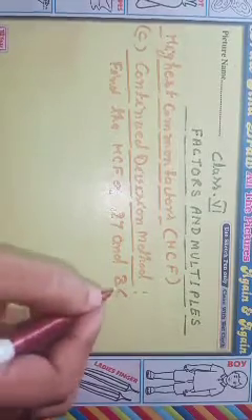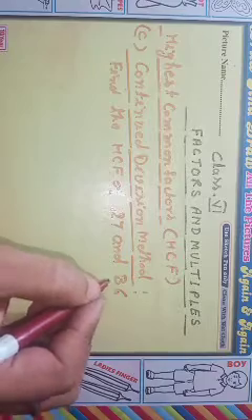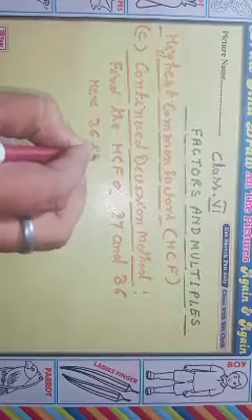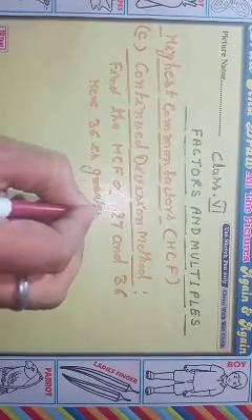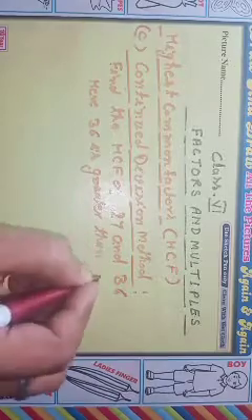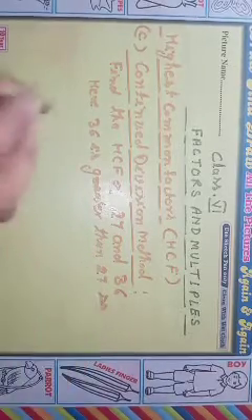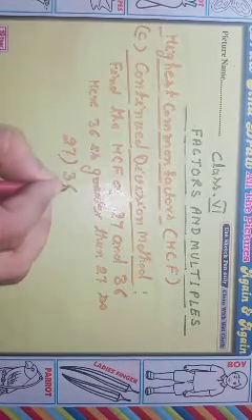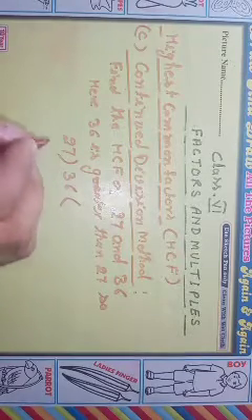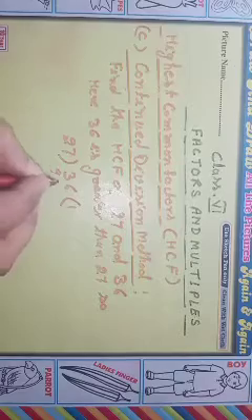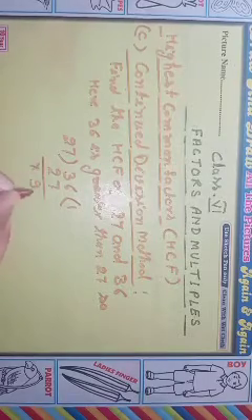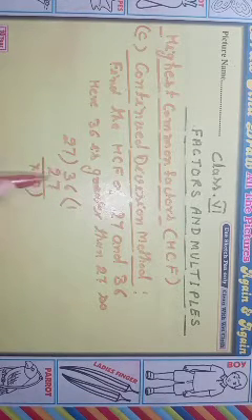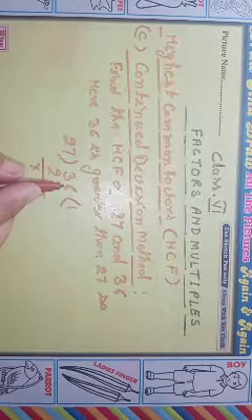Now the greater number is divided by the smaller number. So here 36 is greater than 27. So divide 36 by 27. It goes 1 time, and 36 minus 27 is 9.